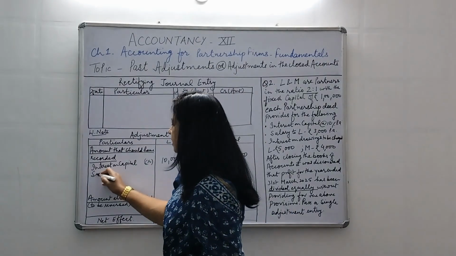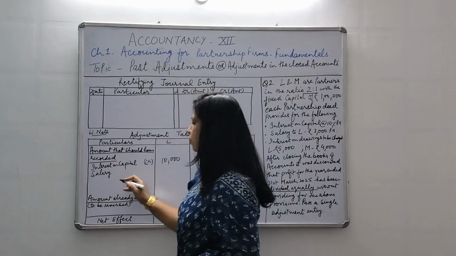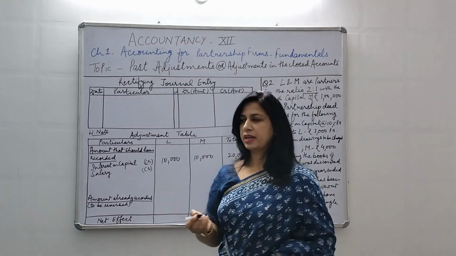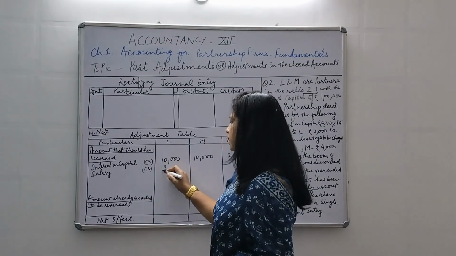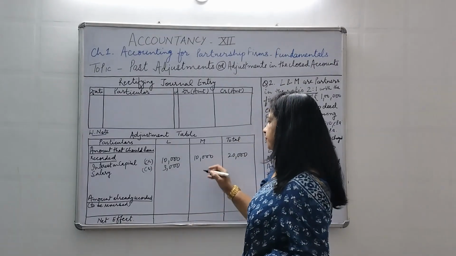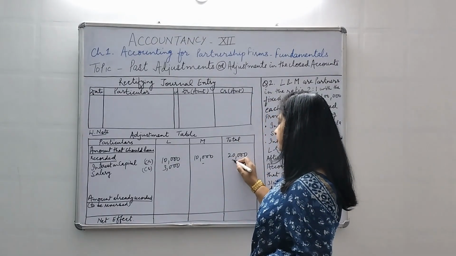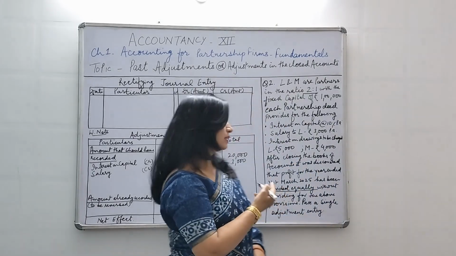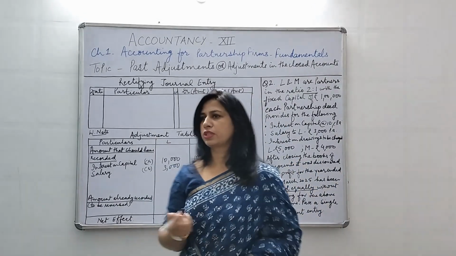Okay. Then the next thing in the question is salary. So we will provide salary, and it is only being given to L. Salary also is credited to the partner's capital account. So 3,000 in L's column and nil for M, and total also 3,000. Then the next thing is IOD, which is 5,000 and 4,000.